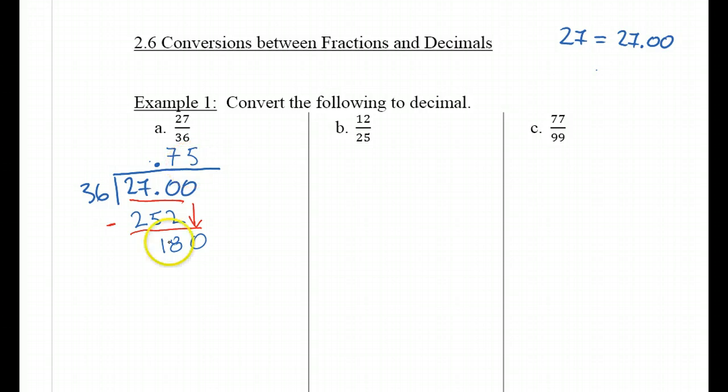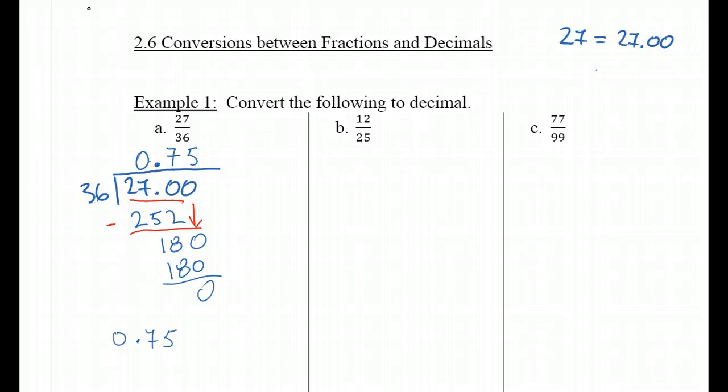So 5 times 36 is actually 180. And then we're done. So my answer to this fraction, 27 over 36 as a decimal, is 0.75.